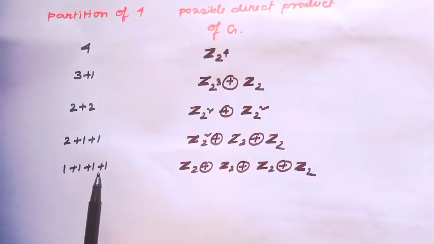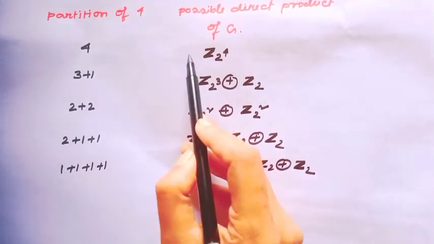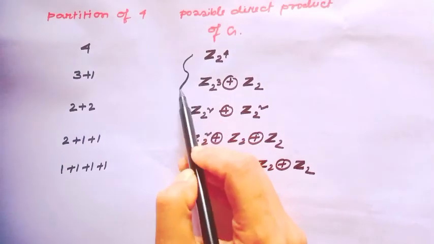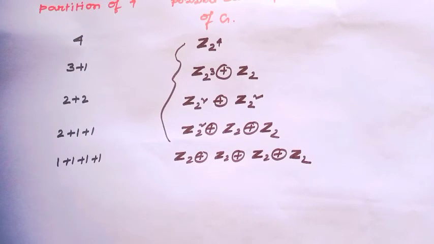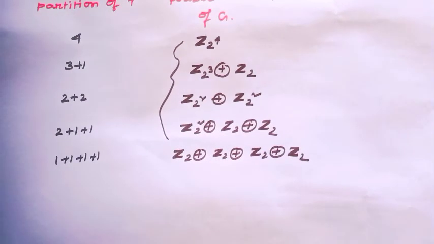By this partition, we can take there exist 5 different abelian groups. Are you getting? Now my question, are these groups isomorphic to each other?